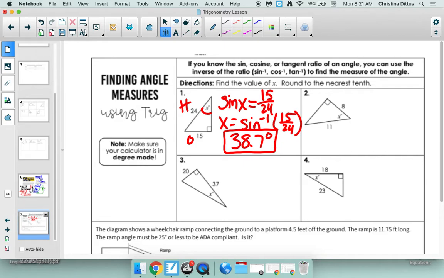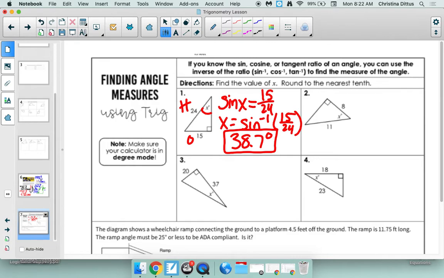You might have to put the fraction in first, 15 divided by 24, and then hit second sine.